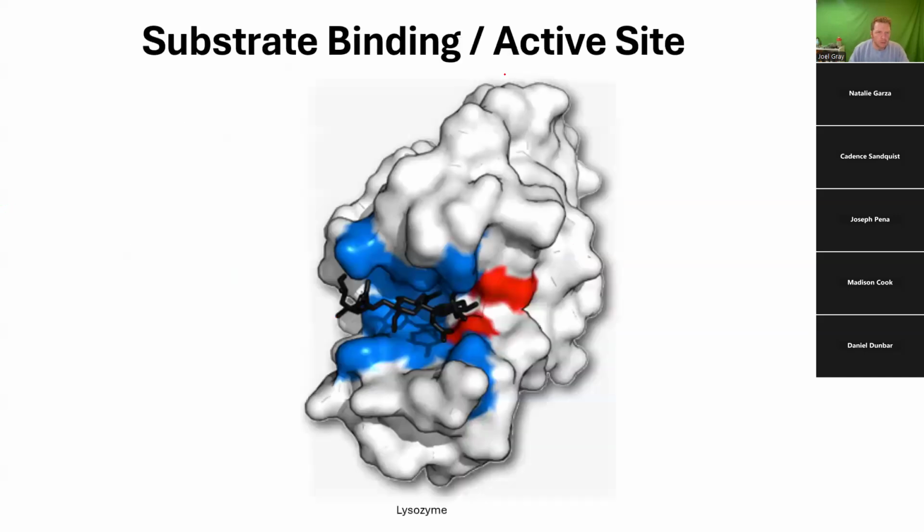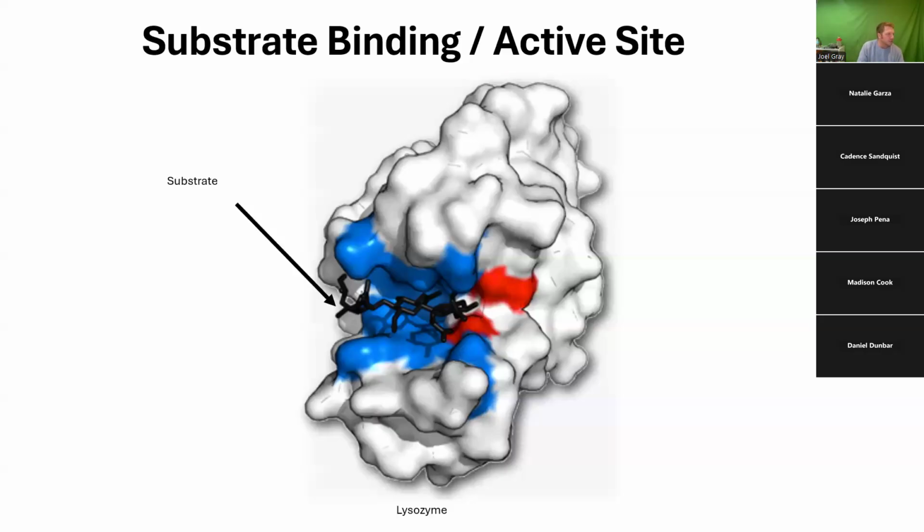So now this is a visual of substrate binding in an active site. Typically, whenever we look at these sorts of models or a protein structure, it's pretty common to depict the substrate and the enzyme with different kinds of representations.